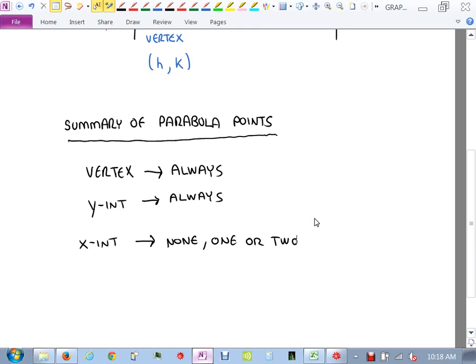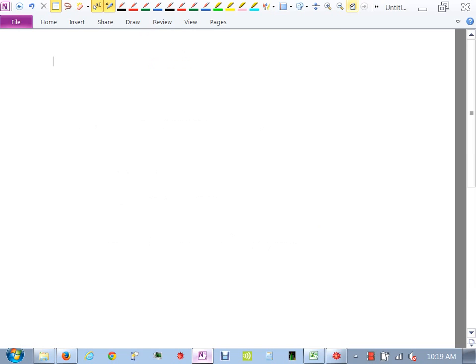All right, so there's our summary of the points that we can find on a parabola. The question now is, how do we find them? How do you find those?